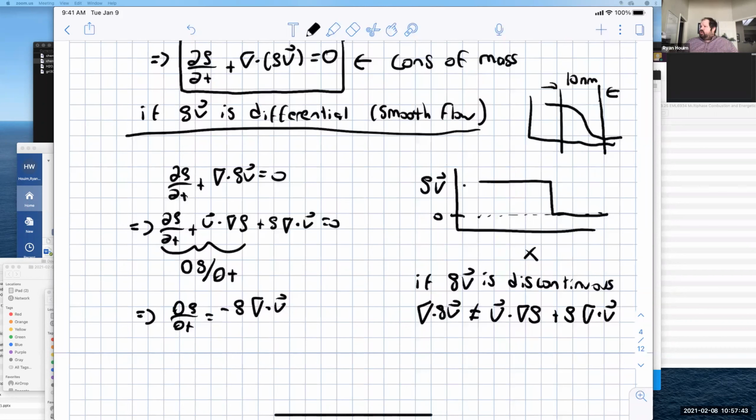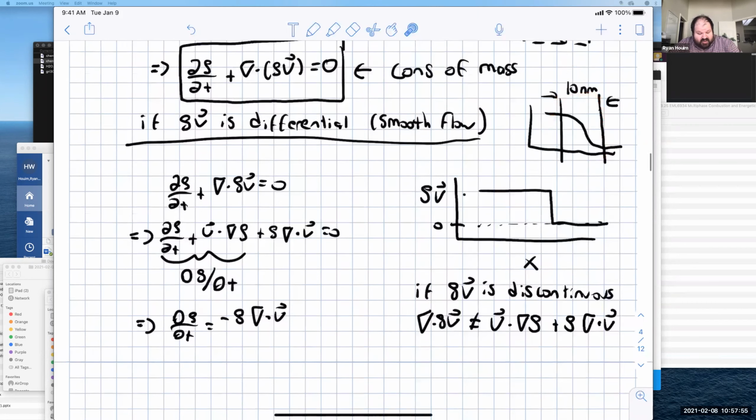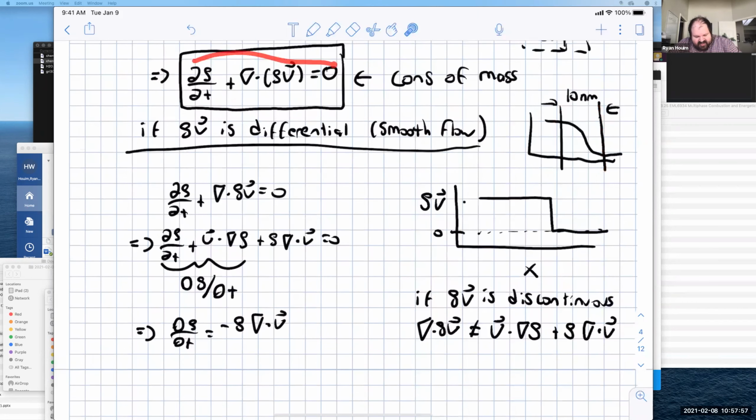Okay, for normal applications, if your control volume is this small, the continuum approximation that is inherent to this conservation of mass derivation... in fact, it's the only assumption that we made here, is that our material is a continuum.